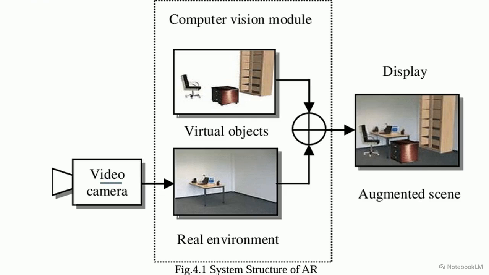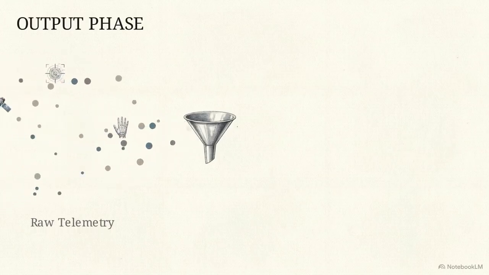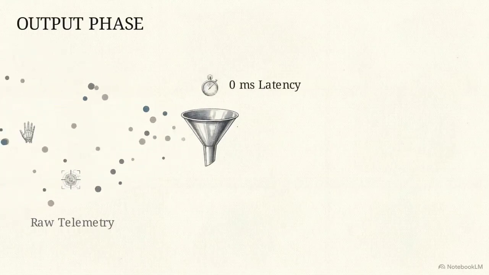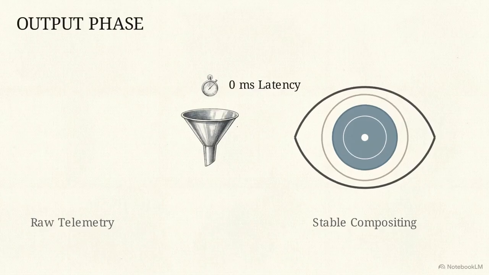Returning to the foundational blueprint, we can trace exactly where these metrics are tested. During the input phase, the hardware must flawlessly capture raw environmental data without dropping frames and successfully pass it to the computer vision algorithms. During the output phase, the system has to composite those complex data streams with zero noticeable latency and display them on hardware that doesn't trigger cognitive overload in the user.